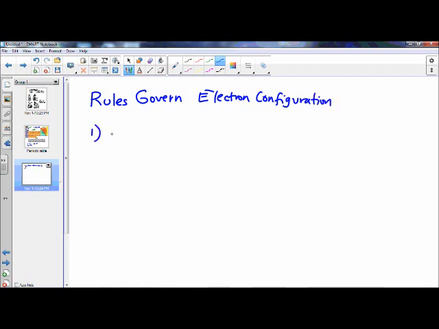Okay, the first rule is called the Aufbau principle. The word Aufbau is a German word that means build up.